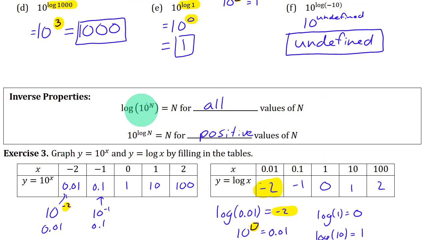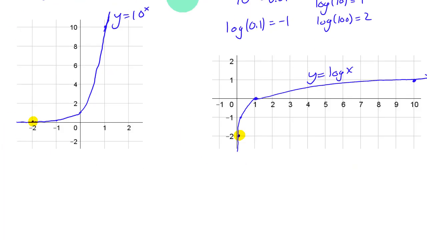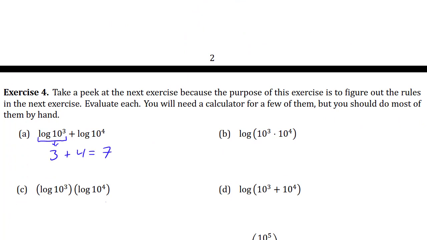The log and 10 to a power basically cancel each other out. So this one comes out to be 7. Now this one, we can't just cancel out the log and these powers because we don't have it as 10 to a power yet. But we could cancel it out if we could combine them into 10 to some power. Now how does the 10 to the power 3 and the 10 to the power 4 combine?